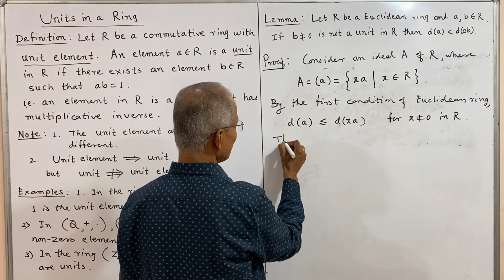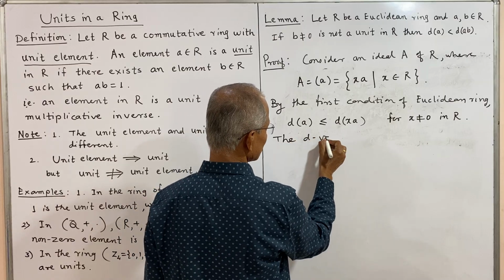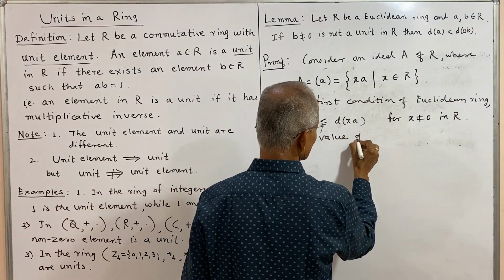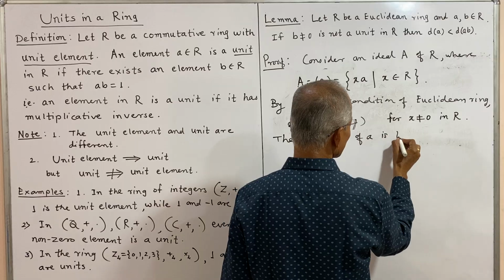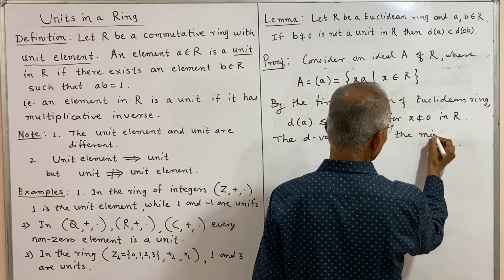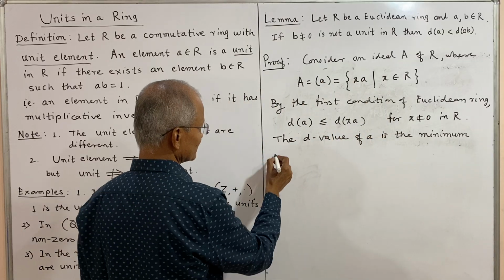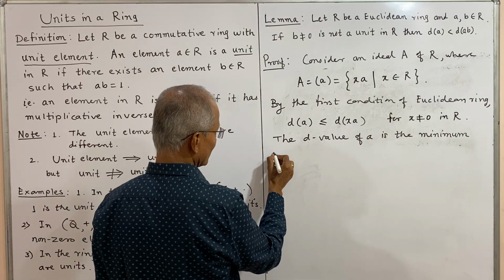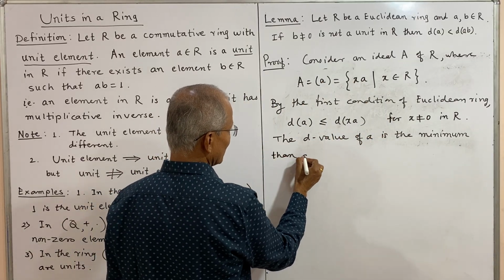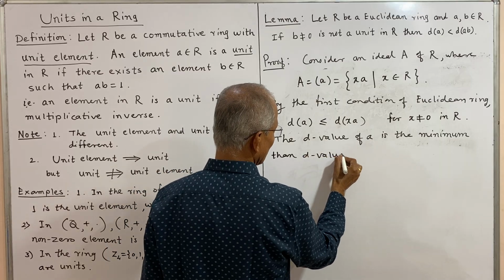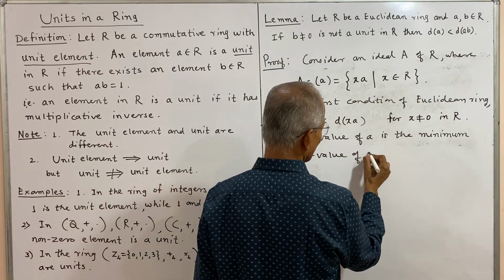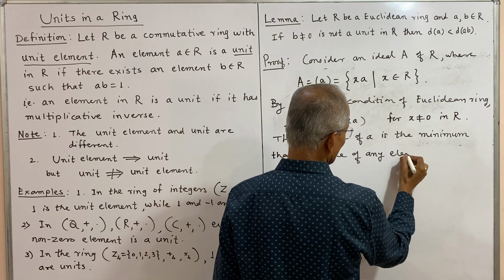Therefore, the D value of A is the minimum among the D values of any element in the ideal A.